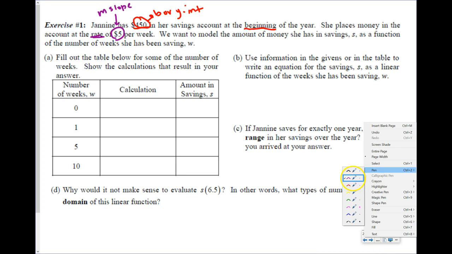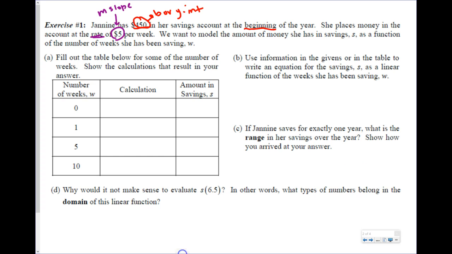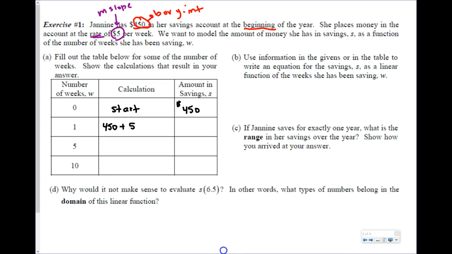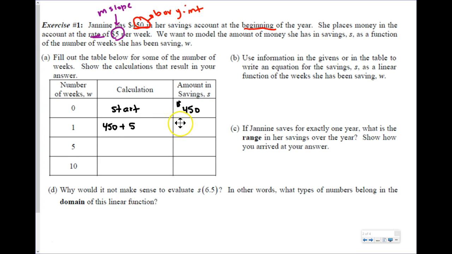So at 0 weeks, this is the start of her saving. At the very start of her saving, she has $450 in her savings account. After 1 week, she has the $450 she started with, plus she's going to save $5. So 450 plus 5 is $455.